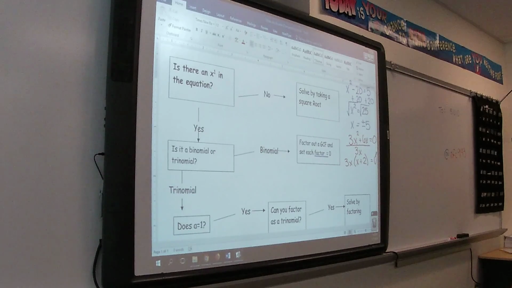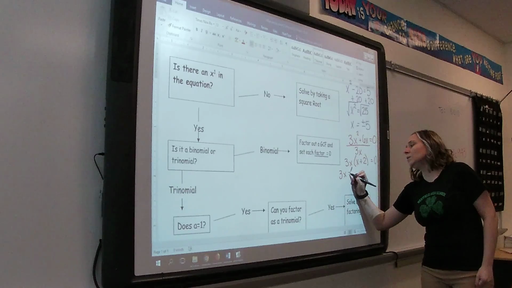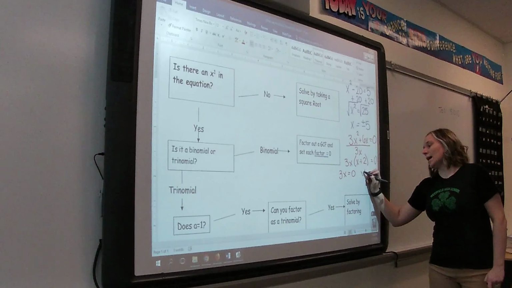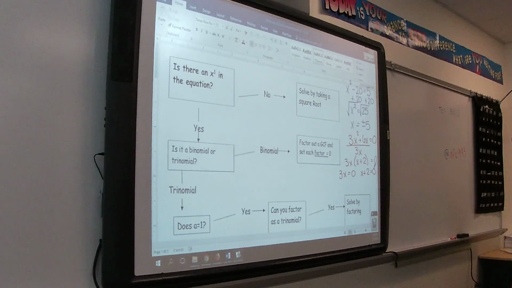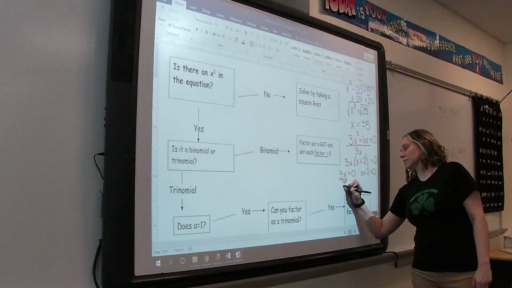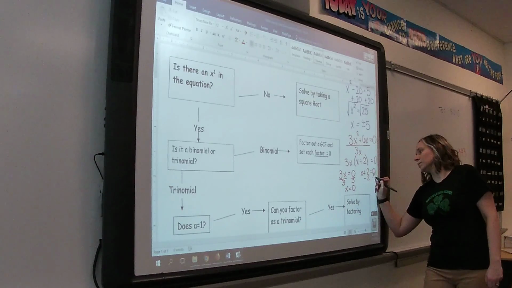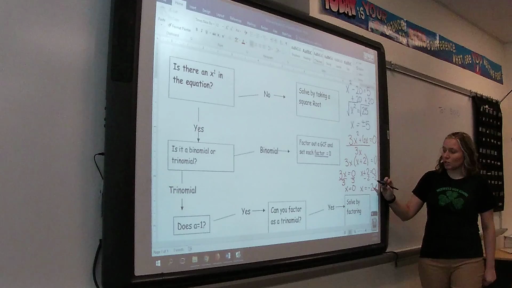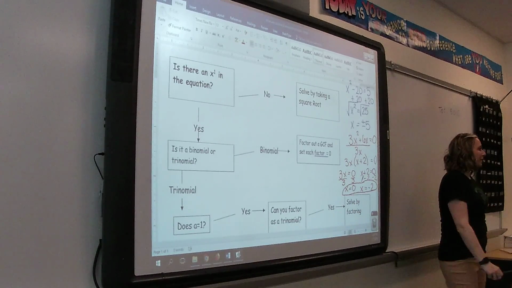We can then set both of those equal to 0. So I can say 3x equals 0, and I can say x plus 2 equals 0. So we'll get answers of x equals 0 and x equals -2.